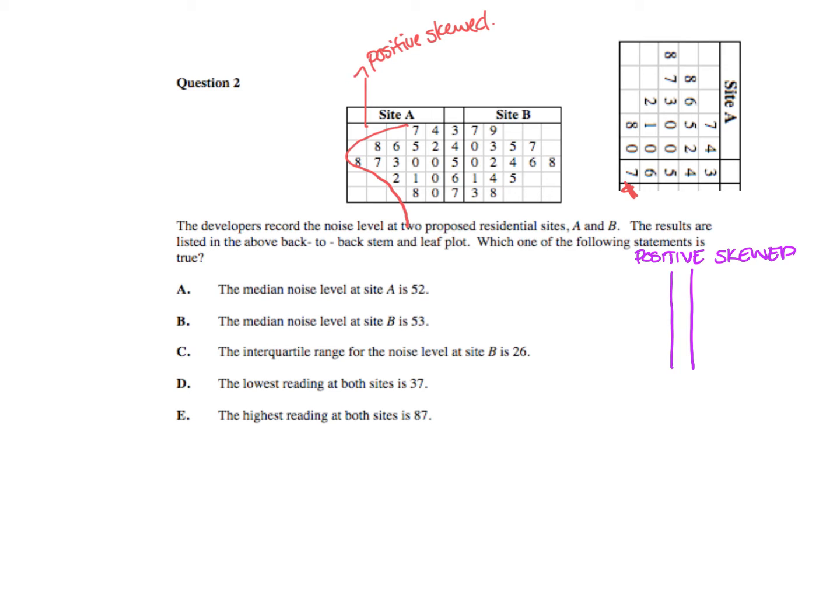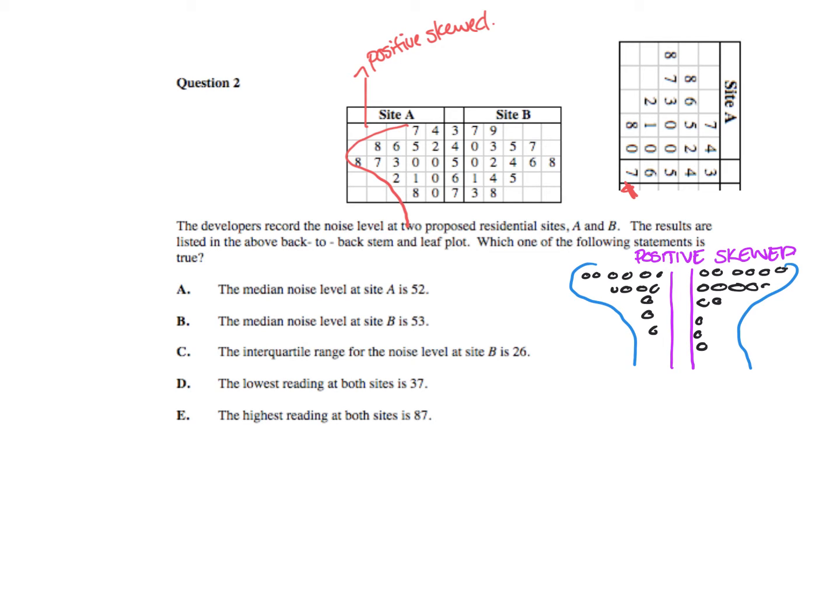They would look like this. They'd both have a lot of data at the start. So it's banked up in the early numbers and then it tails off. So that is a positive skewed scenario for either side.